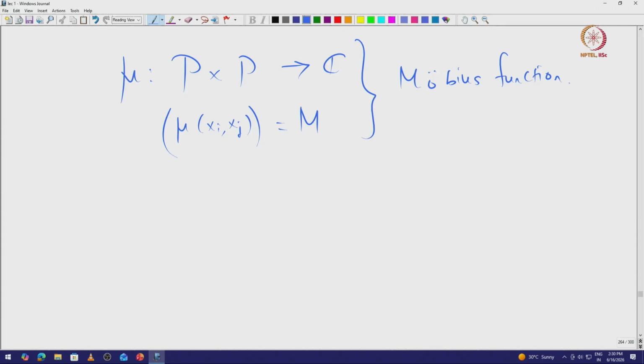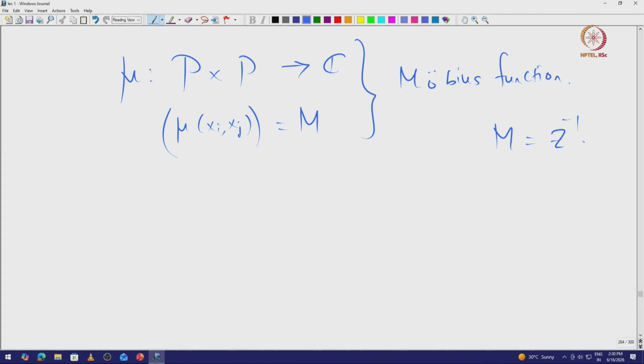This is one of the defining properties of the Möbius function. We have already well defined the Möbius function, but I want to spell out what this means. What is the meaning of M being Z inverse?